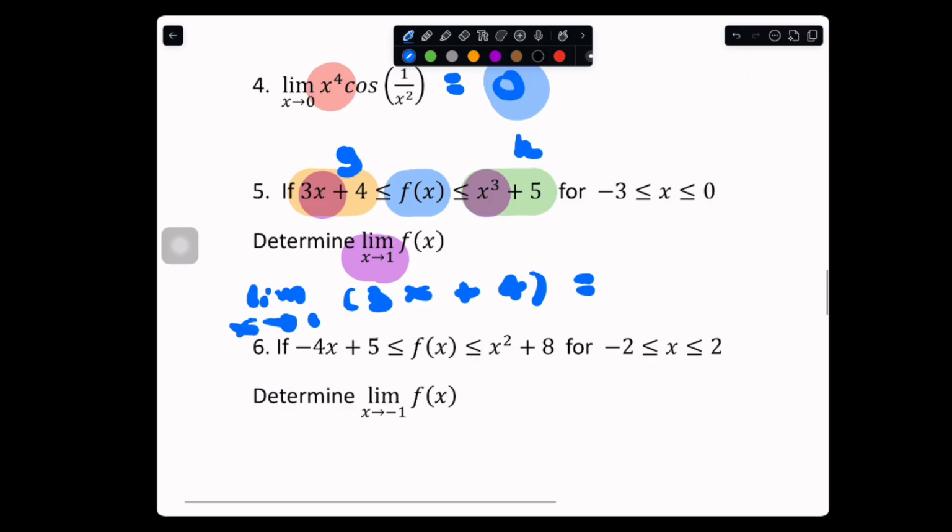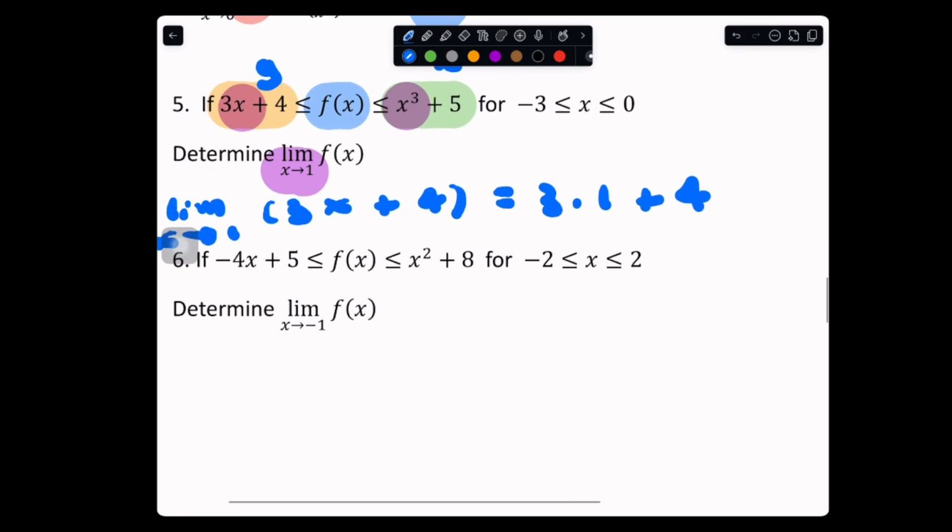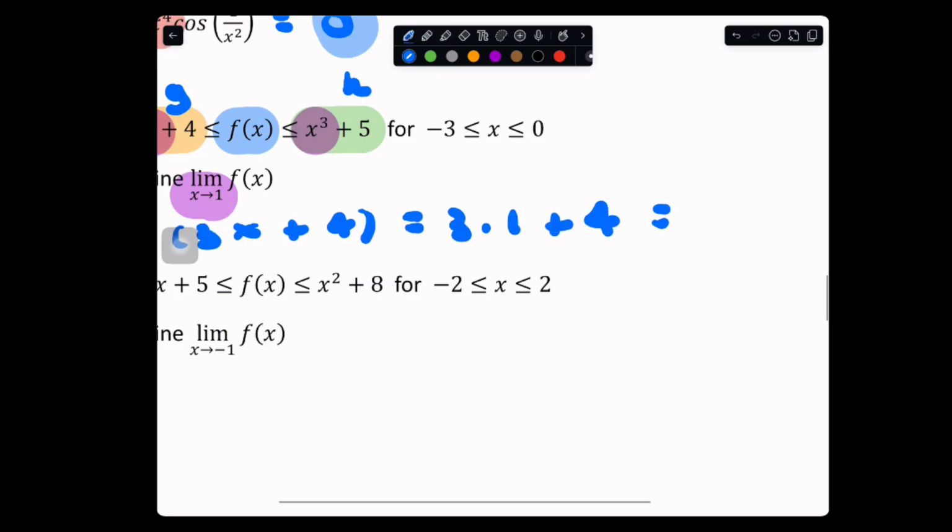What do you guys know about this function, 3x plus 4? It's a nice polynomial, isn't it? You use either, the book calls it direct sub, or you can say it's continuous because it's a polynomial. Oh my God, we're putting everything together? Yeah. And that's equal to what? Isn't that 7? Okay. So that limit is 7.